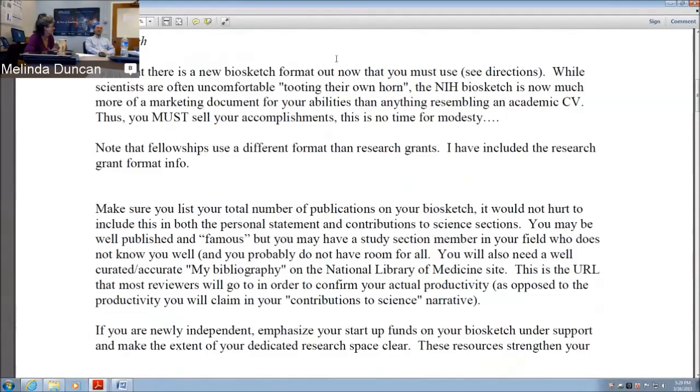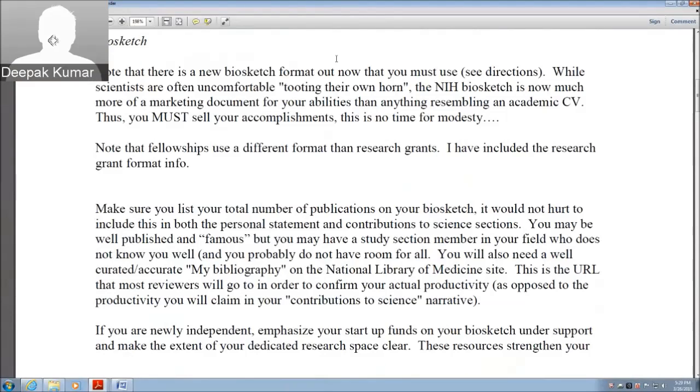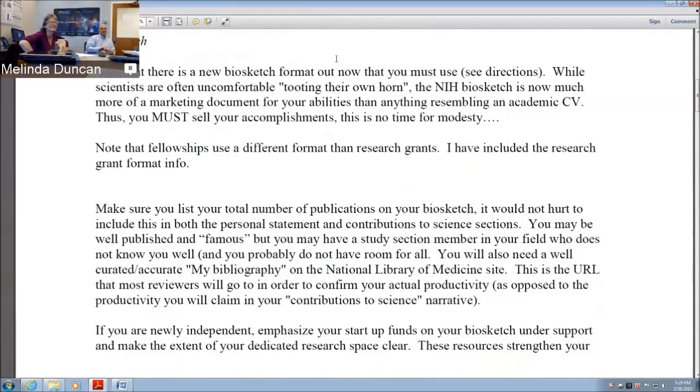I fit within the time frame right beforehand. It's coming up, though. Basically, you're not submitting any more NIH grants unless you're doing the new Biosketch format. Lee did not use it because she applied right under the deadline for the new format.